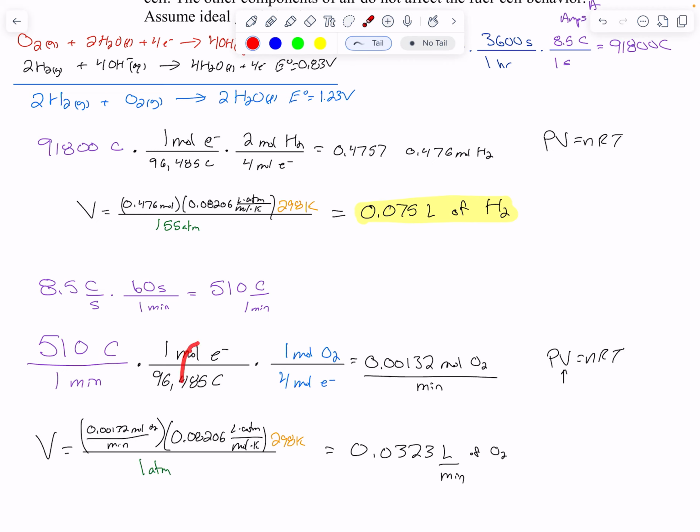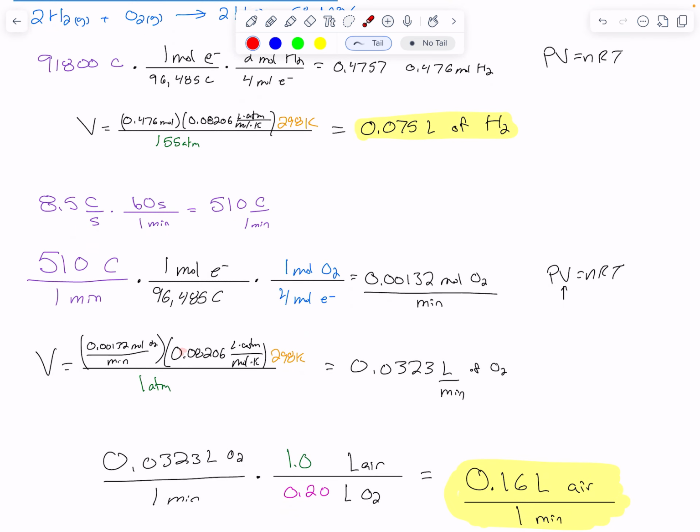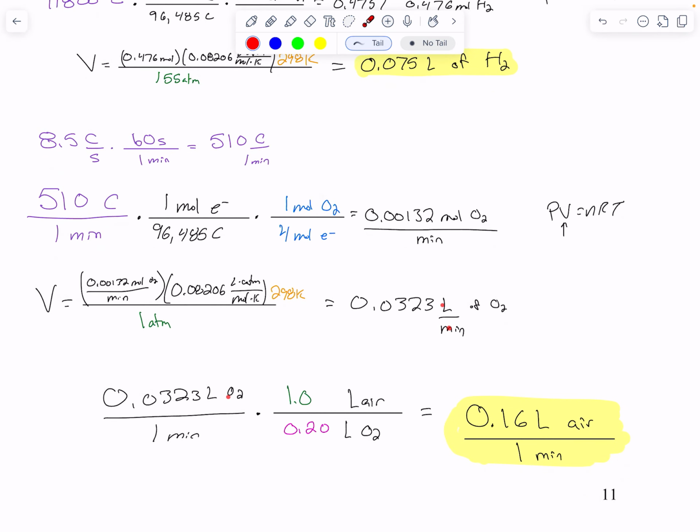Again using the Faraday constant, 4 moles of electrons to 1 mole of oxygen, we got the moles of oxygen per minute. We used the ideal gas law again to get liters of O2 per minute, and then went from liters of O2 to liters of air, and that's all we did.